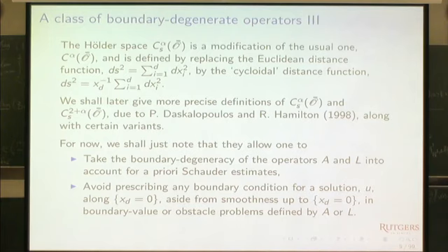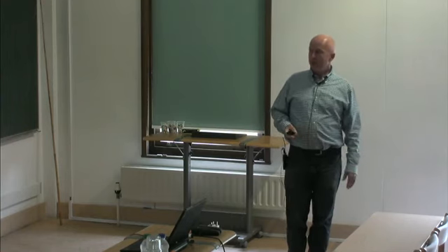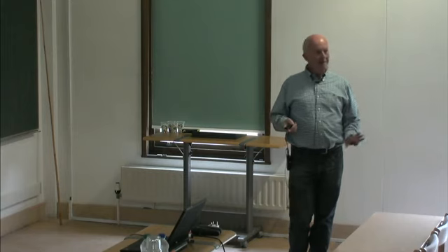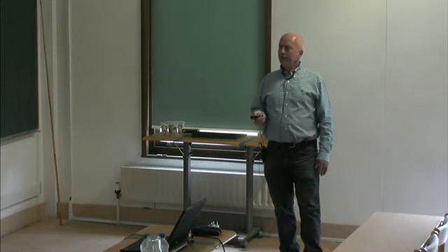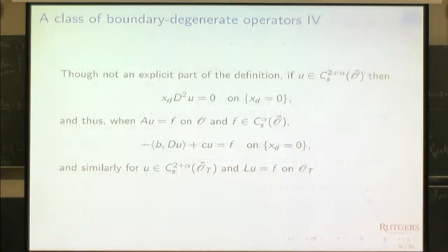It's going to be an important theme in the whole talk that we won't prescribe any boundary conditions along where x_d is equal to 0, except that our solution have a certain minimal regularity property there. So the boundary condition where the PDE is degenerate is purely one that we say the solution is going to be smooth up to that boundary face. I'll say exactly how smooth a little bit later. And this kind of Hölder space has a nice way of encoding that smoothness automatically.